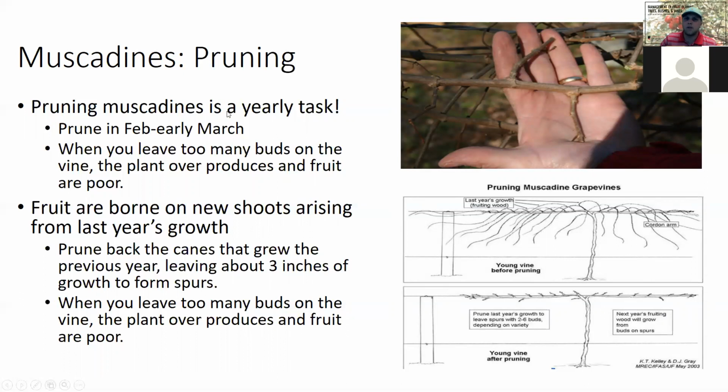So 3 to 4 buds on each one, and that'll help cut down on the amount of growth, because if this was left unpruned, this is going to continue to grow. This continues to grow here, and you're going to have buds all along these. You're going to get a lot of leaf growth and not a lot of good fruit growth there. Whereas on this vine here, you're going to get all your growth right along here, and you should get good quality fruit growth from there too.